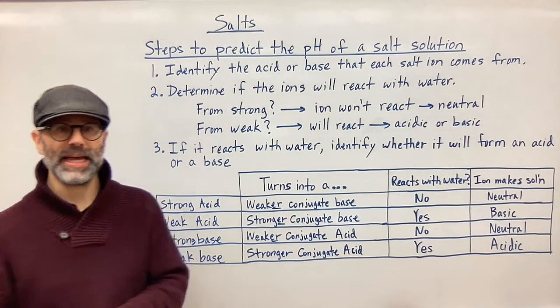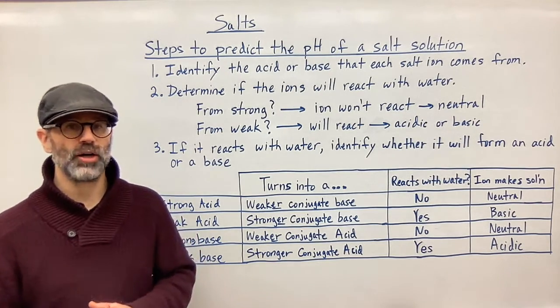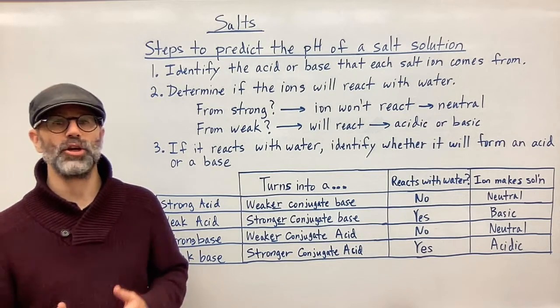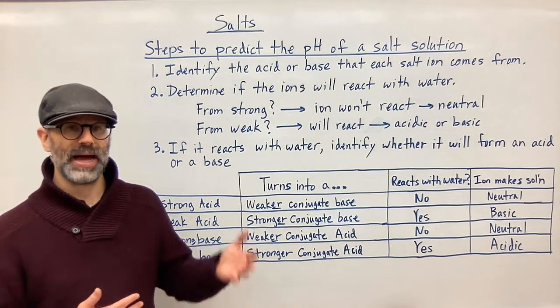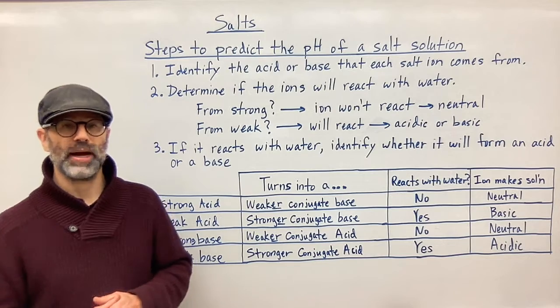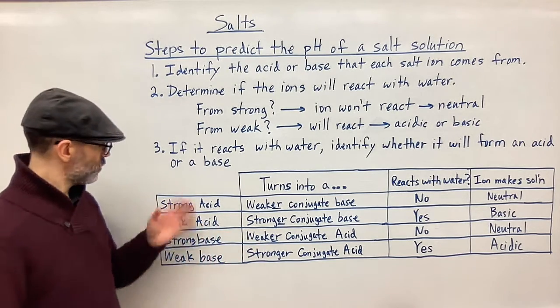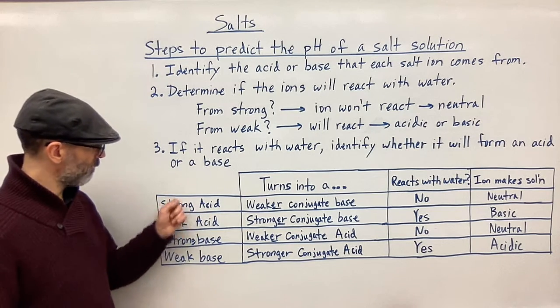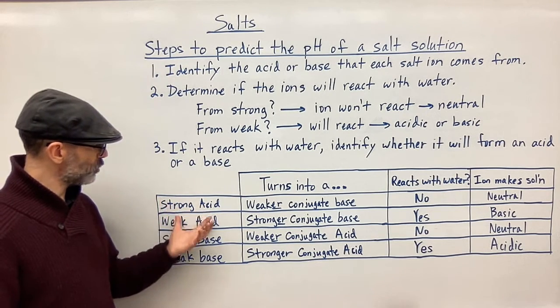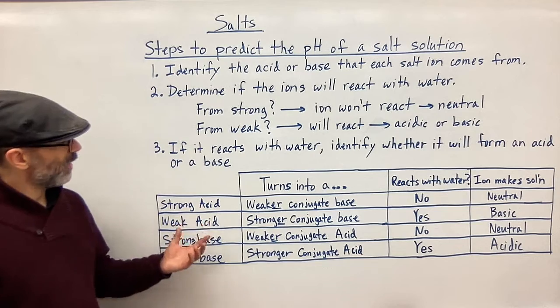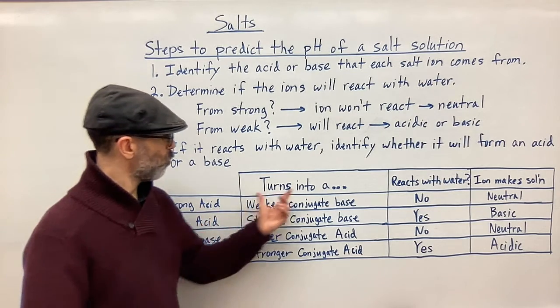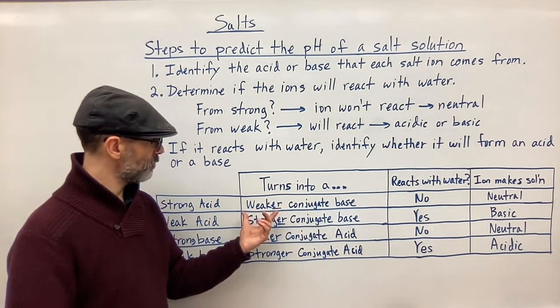Number three, if it does react with the water, you need to identify whether it's going to form an acid or a base, right? So here's that table again that I showed you before. If the ion comes from a strong acid, then it's going to be a weaker conjugate base.